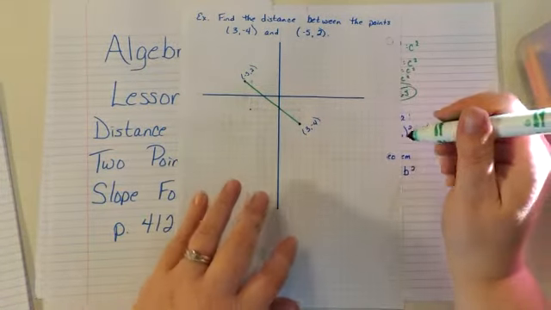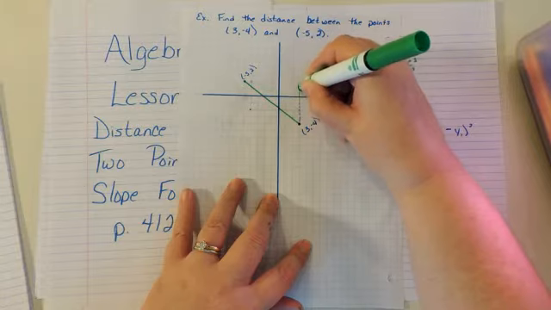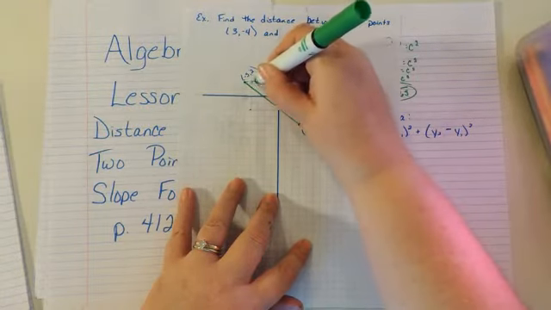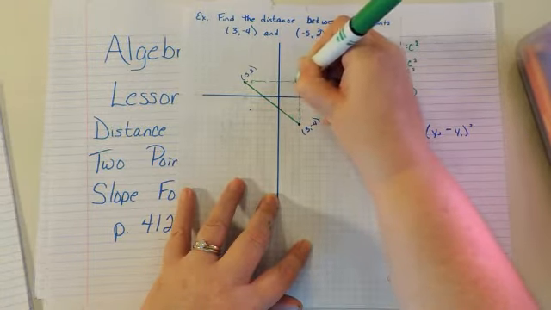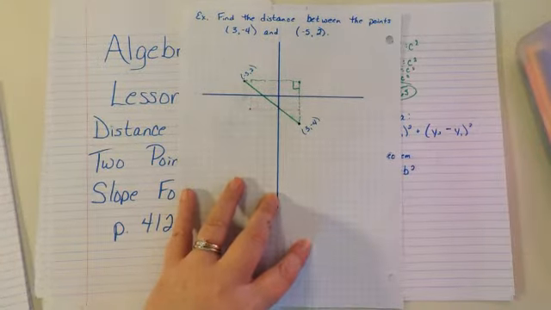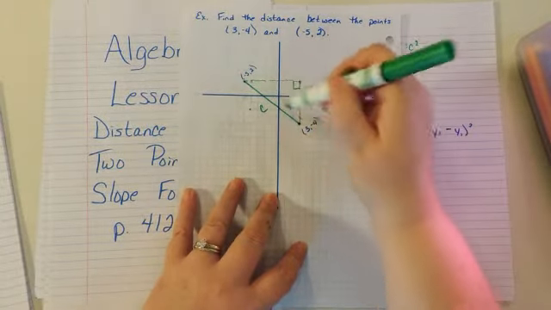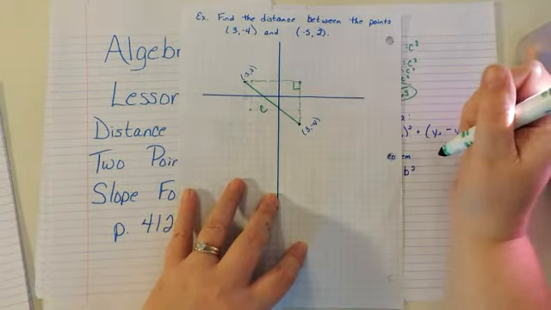We're going to have this point go up and this point come across, so we form a right triangle. This line is the hypotenuse, and it's also the distance between these 2 points, right?